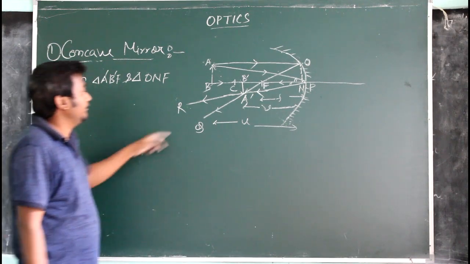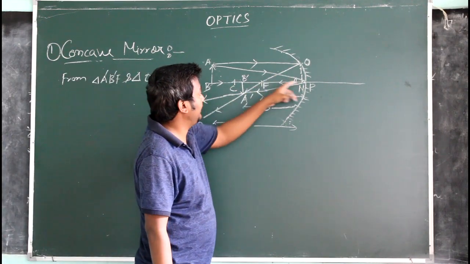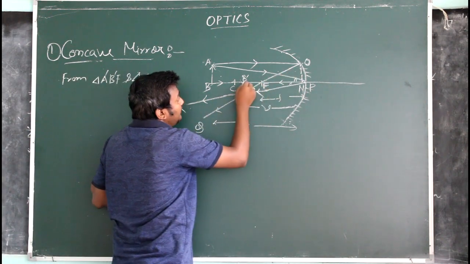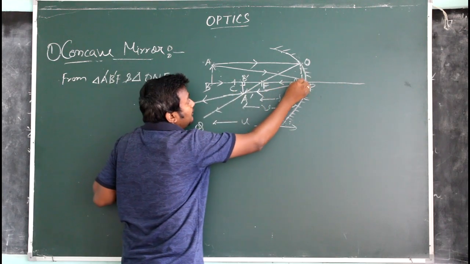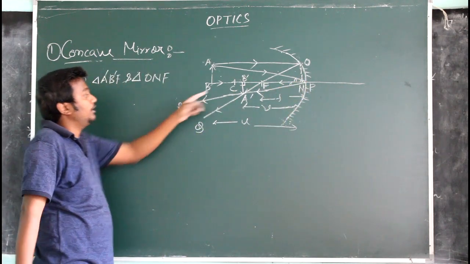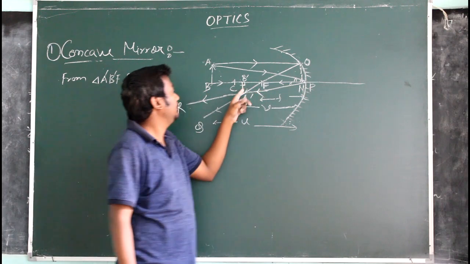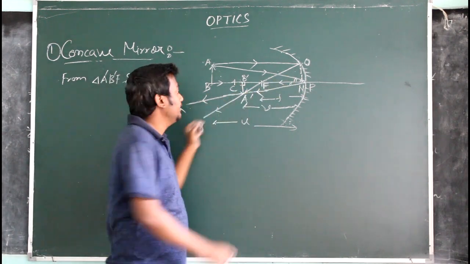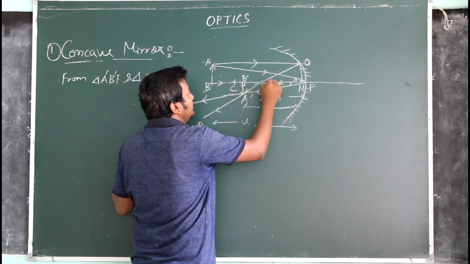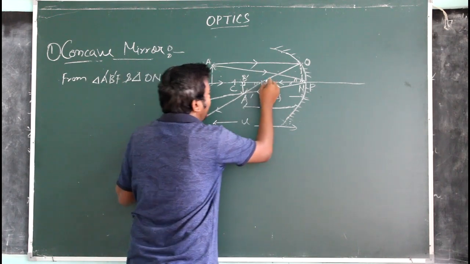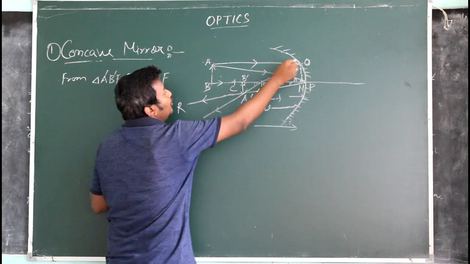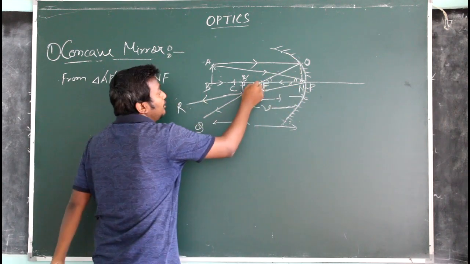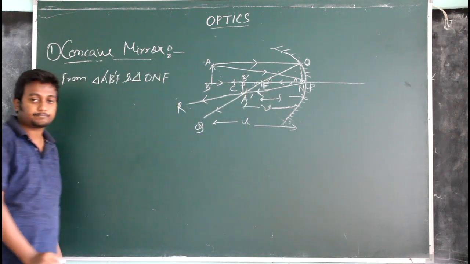Here you see A dash B dash F and ONF. In these two triangles, angle A dash B dash F and ONF are right angles. This angle equals this one. That is, angle B dash F A dash and OFN, these two angles are equal because they are opposite angles.